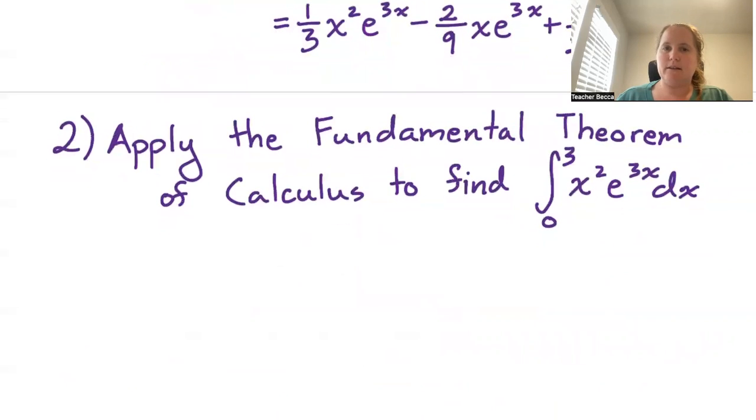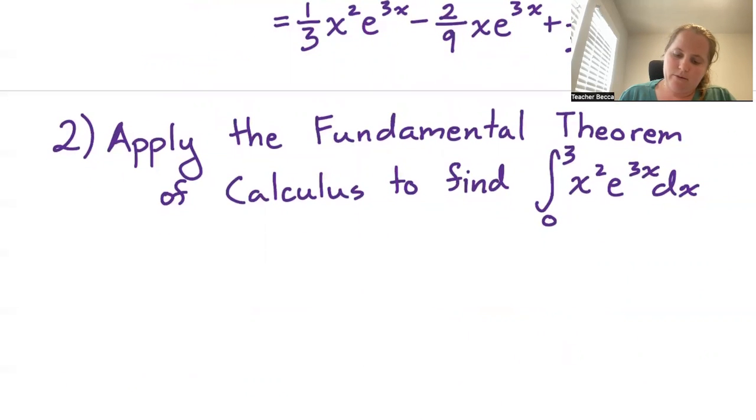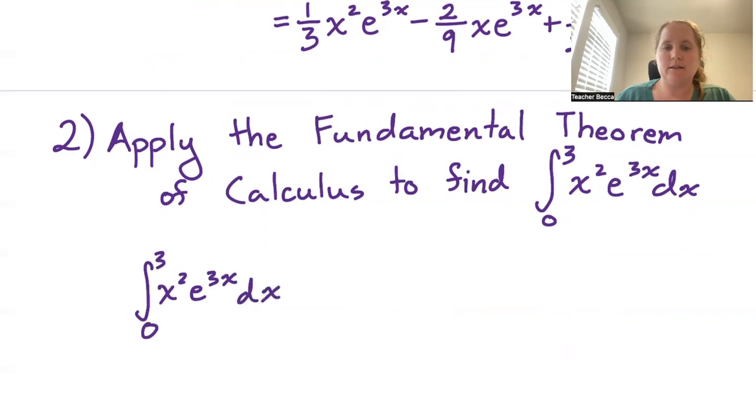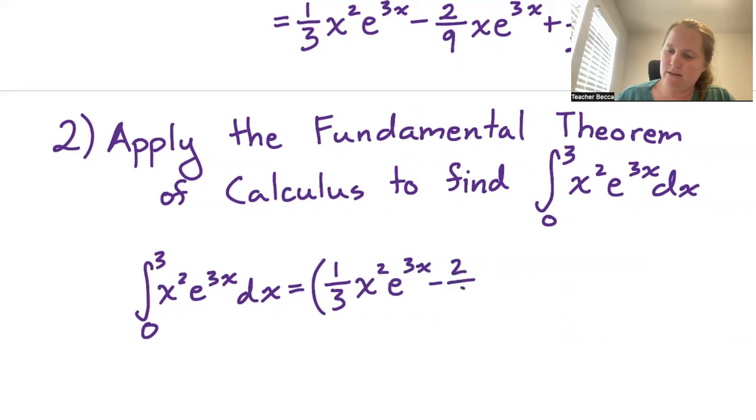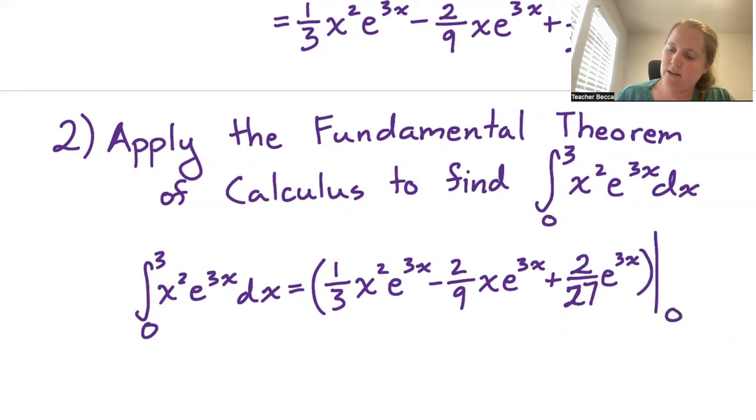In this case, again, we already found that antiderivative. The definite integral from 0 to 3 of x squared e to the 3x dx should be the same as our antiderivative 1/3 x squared e to the 3x minus 2/9 x e to the 3x plus 2/27 e to the 3x, evaluated at 0 and 3.